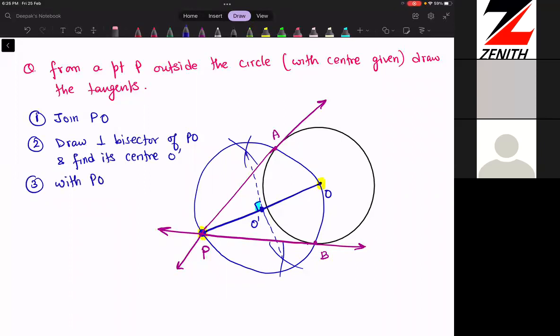With PO dash as radius and O dash as center, draw a circle.